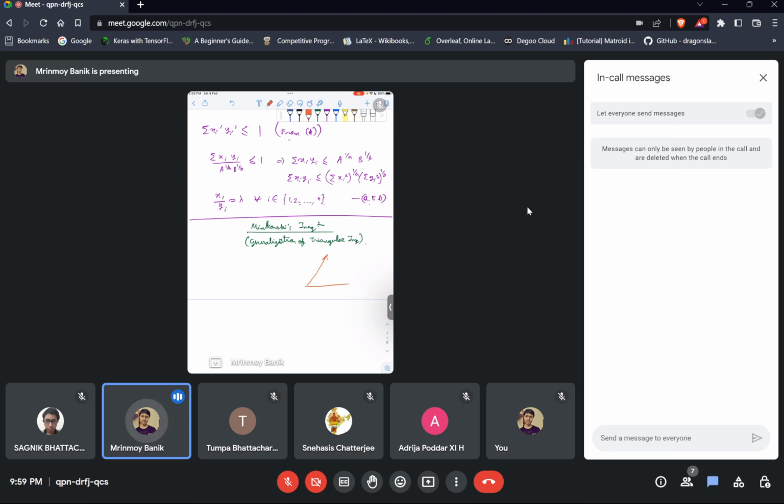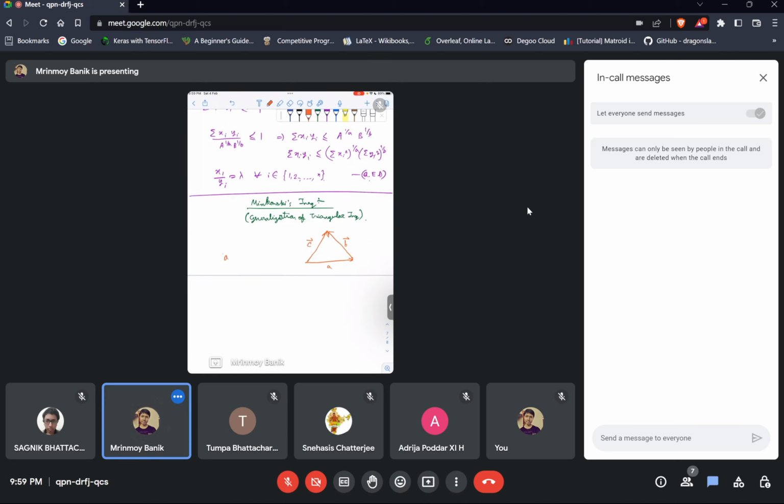It says if we have a triangle, which by the way we can also think of as three vectors, two pointing in the same clockwise direction and one anti-clockwise direction. Suppose this is A, this is B, and that is C. So we know A plus B is C from the rules of vector addition.